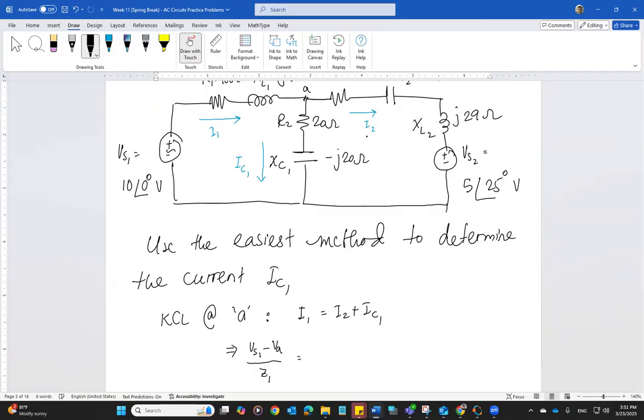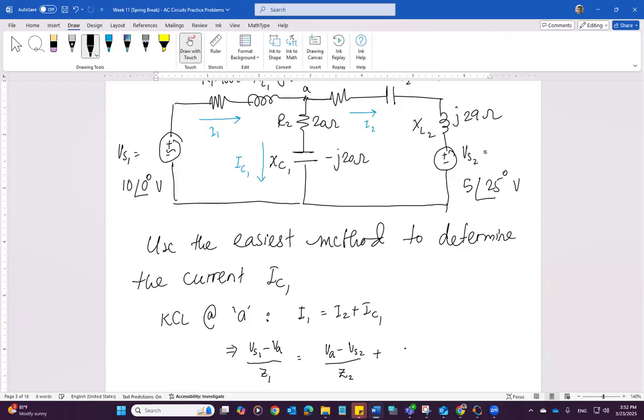And that's going to be I2. I2 is Va minus Vs2, over the total impedance in series, which I'll call Z2, the series combination of these three components.